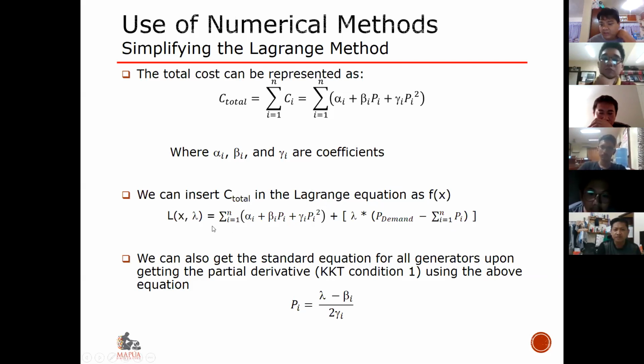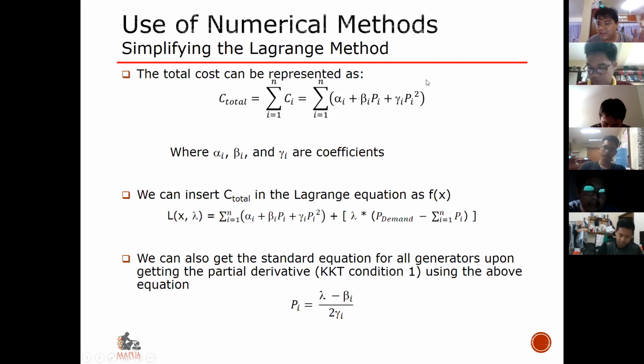Now, similar to what we did kanina, if you get the partial derivatives ng mga yan, sinisimplify lang natin yung Lagrange kanina into these equations. Okay? Eventually, you will find yung generator output P ng isang generator i will be equal to, kasi ang lambda naman is common, lambda minus beta i, yung coefficient ng first order na P, over 2 gamma i, kasi yung partial derivative ng P1 squared ay magiging 2.